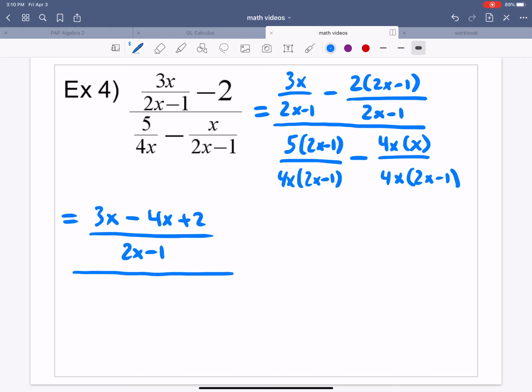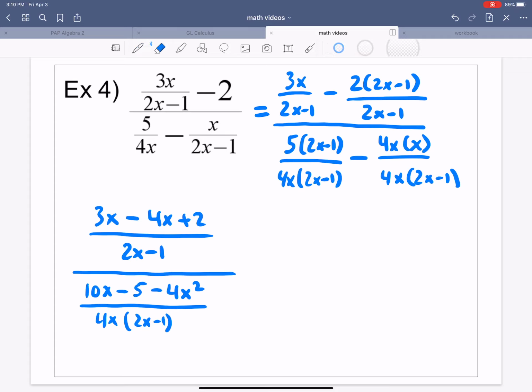And then the bottom is going to be 10x minus 5 minus 4x squared all over 4x times 2x minus 1. So now I've got my one fraction on top, one fraction on the bottom. I'm going to take the top fraction and clean that up a little bit. We'll call that negative x plus 2 all over 2x minus 1.